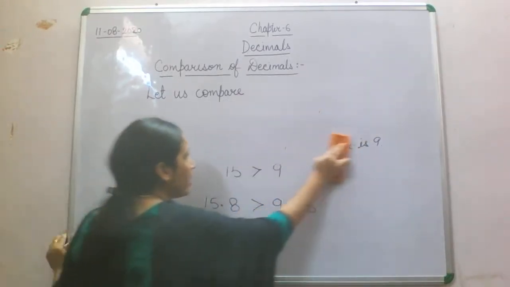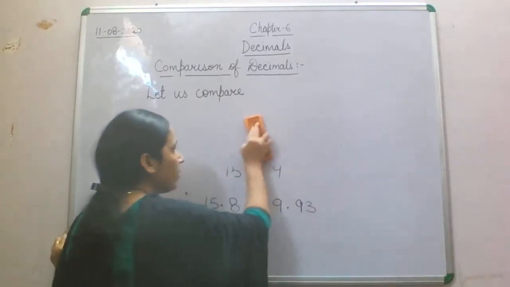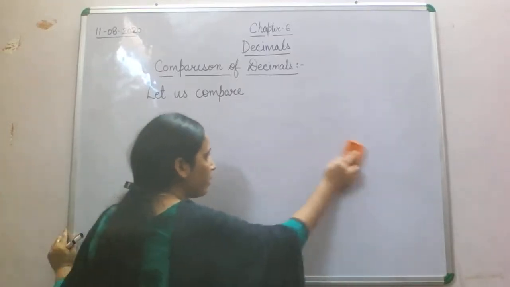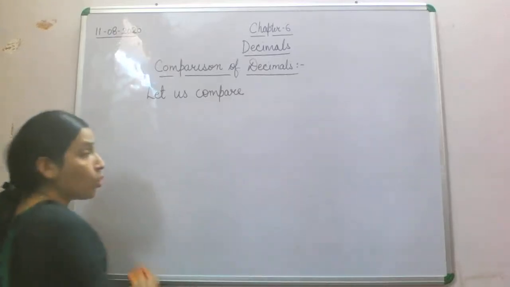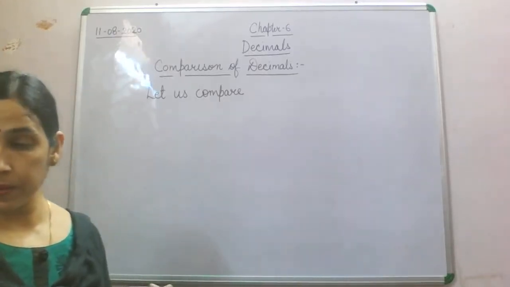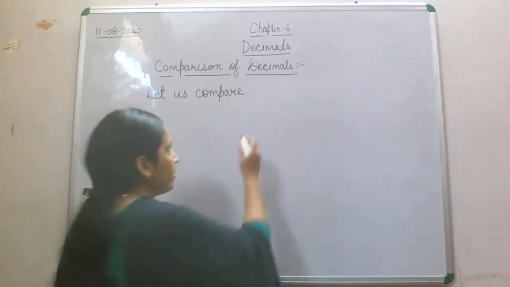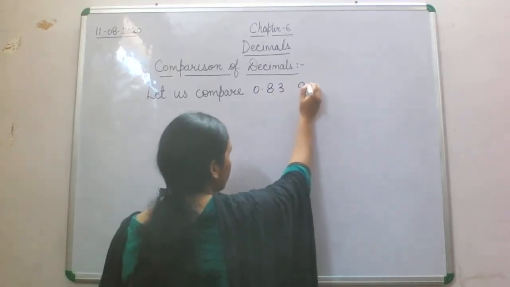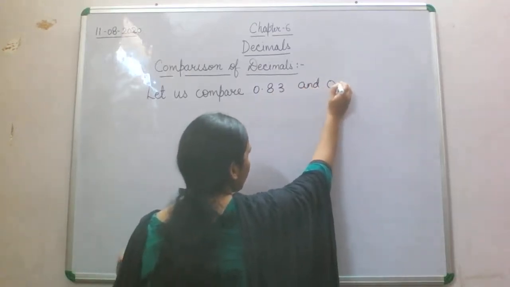See, here I'll compare numbers in which we have the same whole number in both the numbers. So let us compare 0.83 and 0.9.